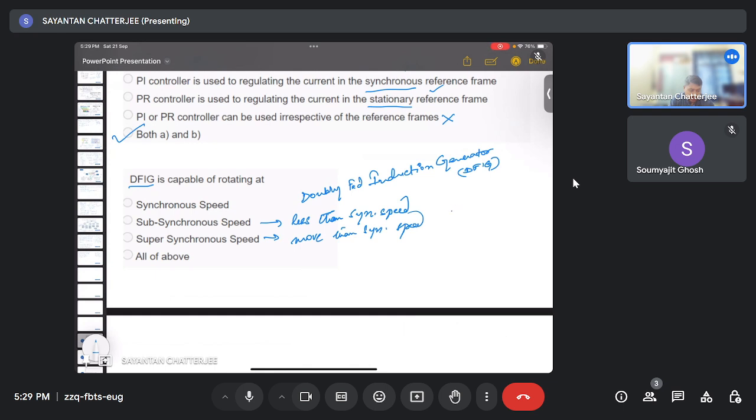So after the blade, you have the shaft. When it rotates, after the gearbox, then we have the generator.